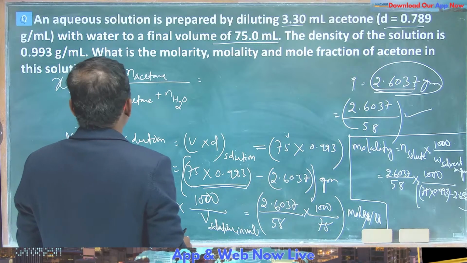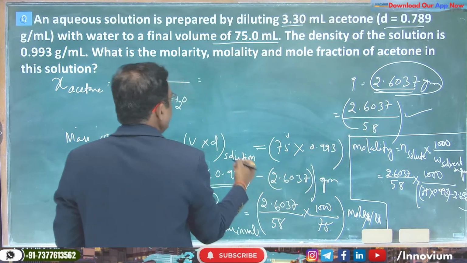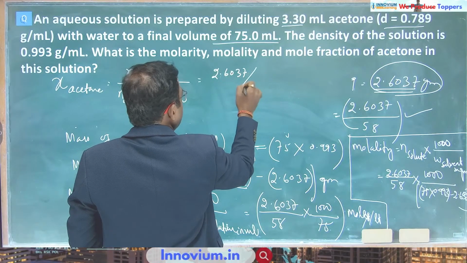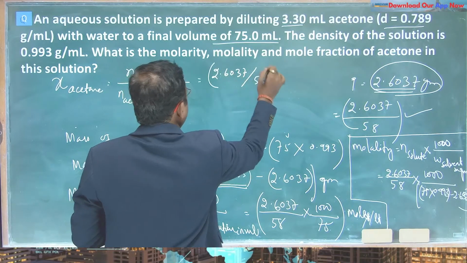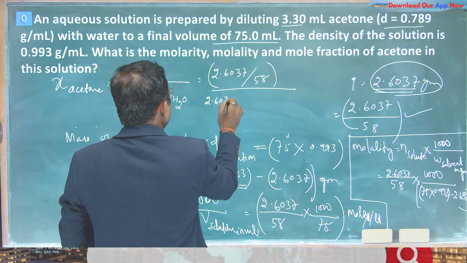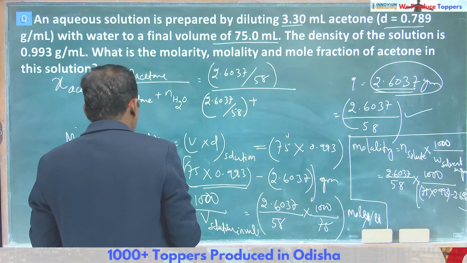So the number of moles of acetone is 2.6037 upon 58, by 2.6037 by 58 plus the number of moles of water.